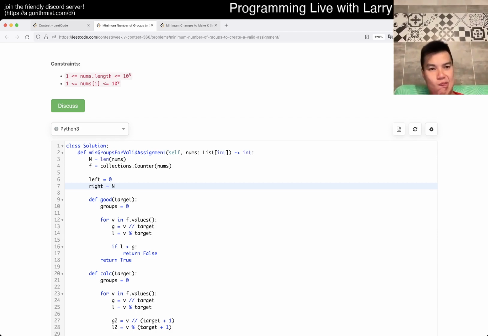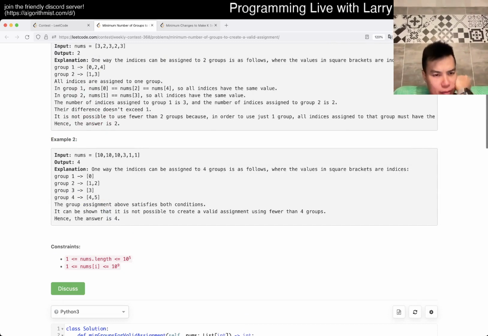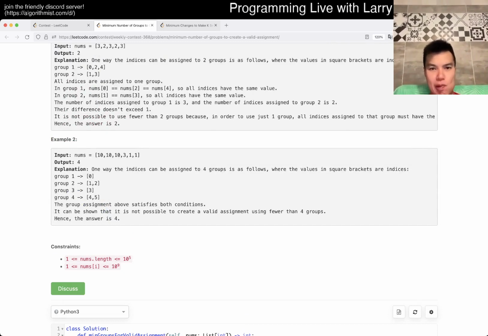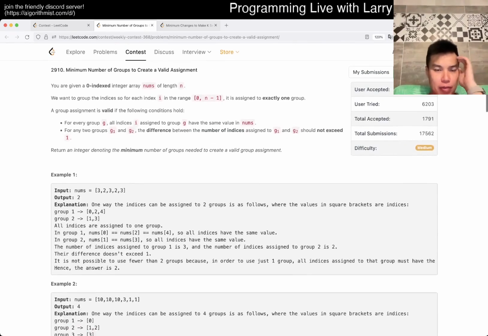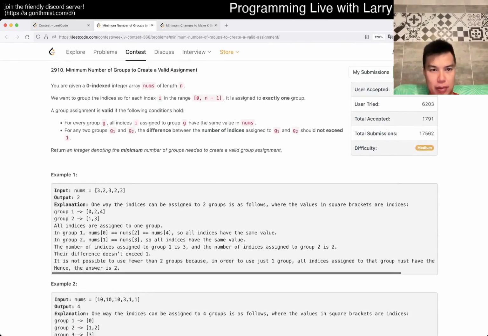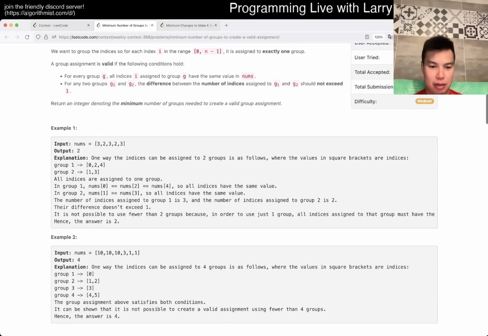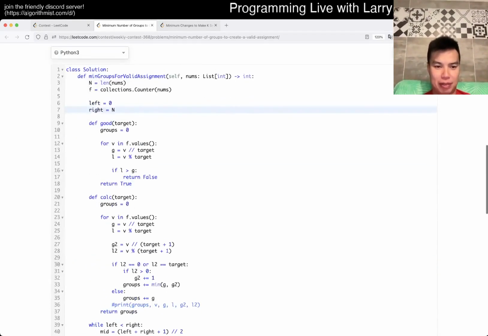I don't think there's any other way to read this. I think this is fine, or like the reading is fine. I don't know how to do it.